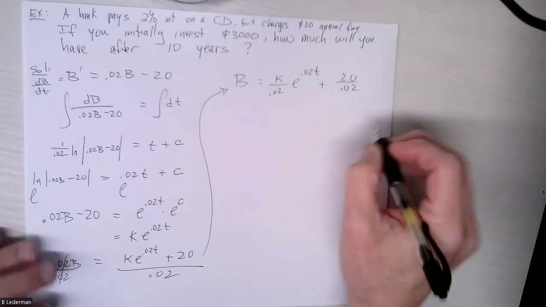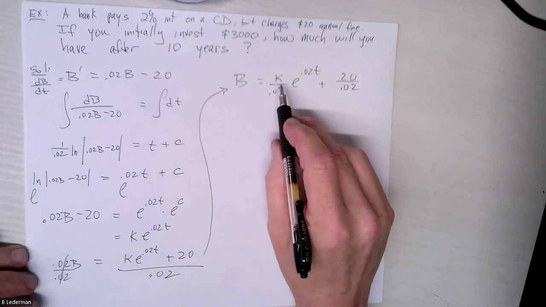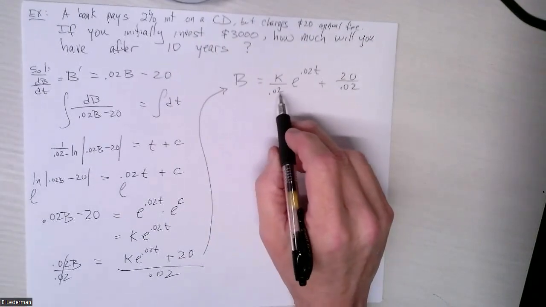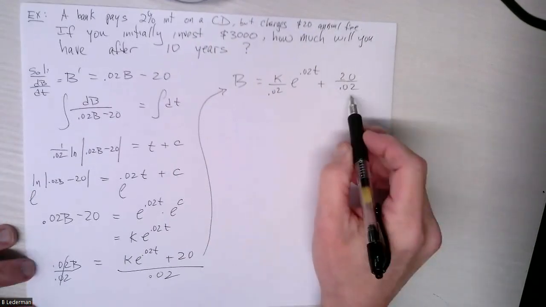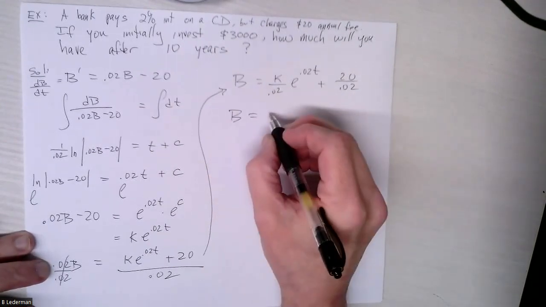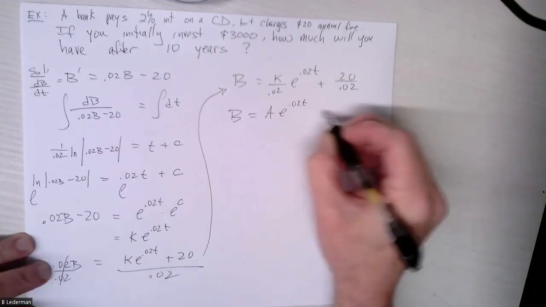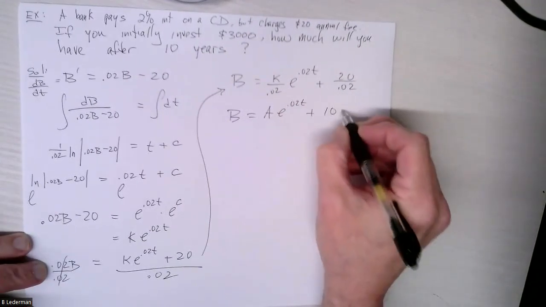Now, first of all, I'm going to just call this a, because again, I have a constant I divide by some number, it's still a constant. 20 divided by 0.02 is 1,000. So b equals a times e to the 0.02t plus 1,000.